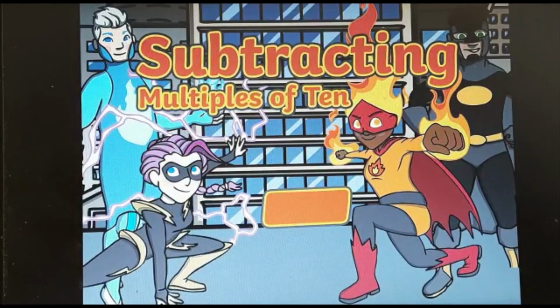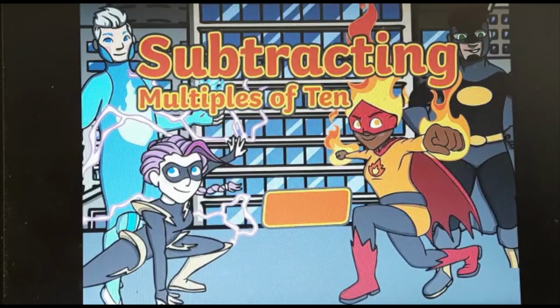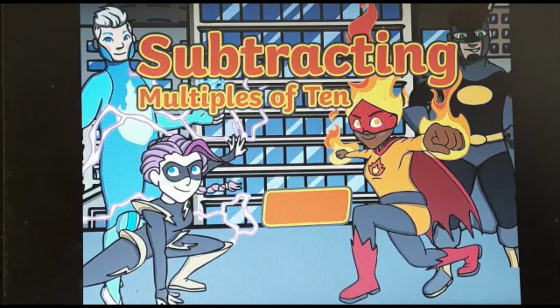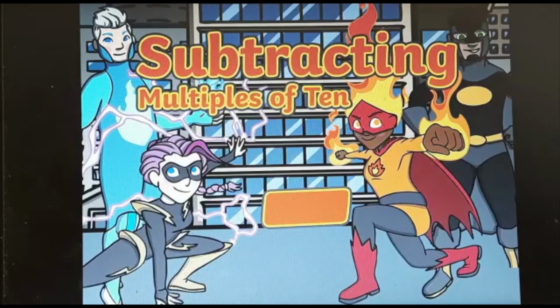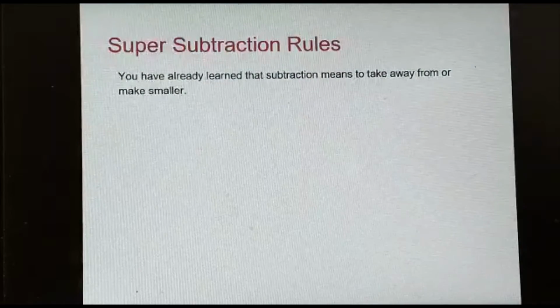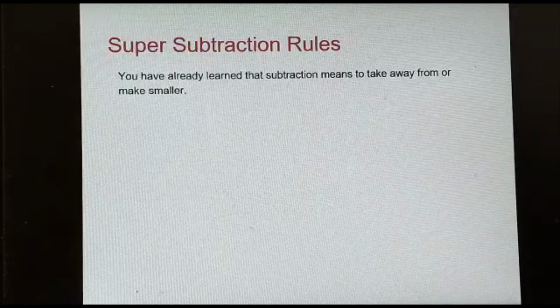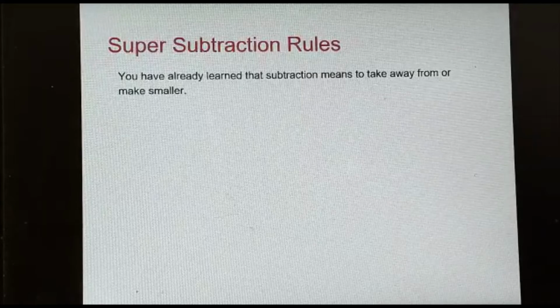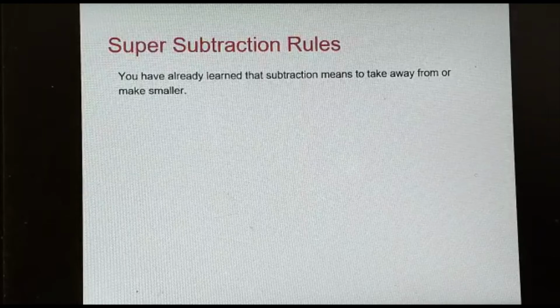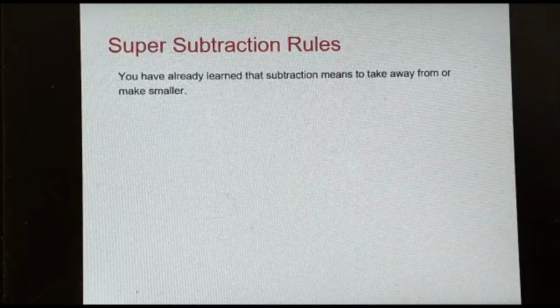Here we are going to add a bit of superhero-ship, where they will be subtracting multiples of 10. So they will be with the superheroes with superpowers, jumping in tens, skip counting in tens, and solving subtraction sums. Now our superheroes with superpowers are going to subtract and solve the sums using super subtraction rules.